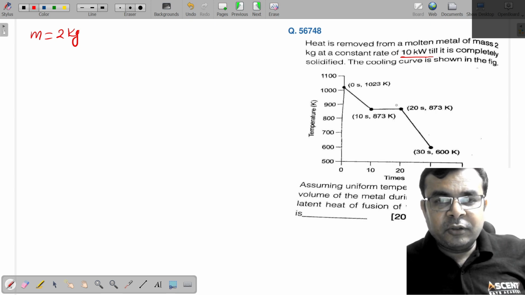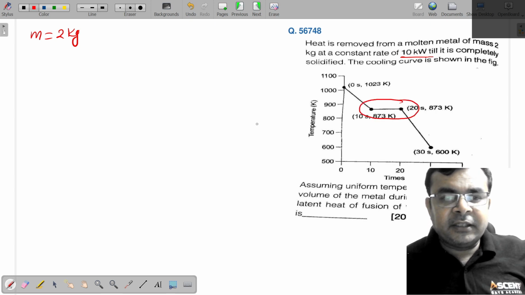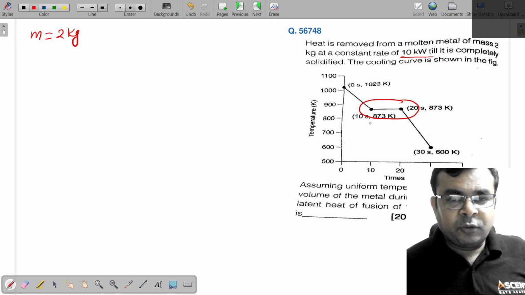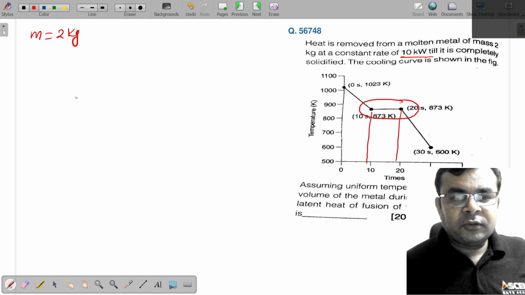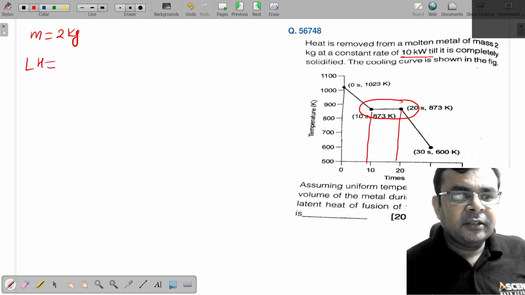The latent heat, you can see, we only have latent heat at this temperature, at this zone only. So if you project this, then simply here we get this is 20, correct? So time is 20, and latent heat is nothing but m into L. So the constant rate of heat is given, that is 10 kilowatt, correct?